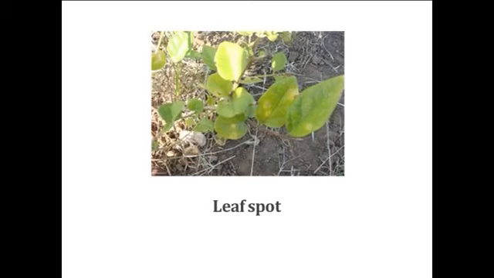The pathogen can be characterized as producing irregular to circular distinct spots, which are light yellow with reddish brown margins on the upper surface and light gray on the lower surface. Now let us see about the scientific classification of this pathogen.